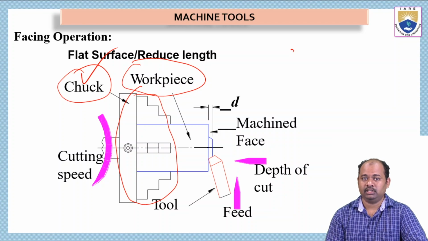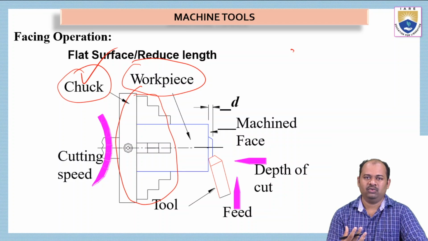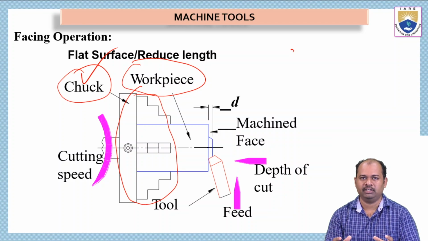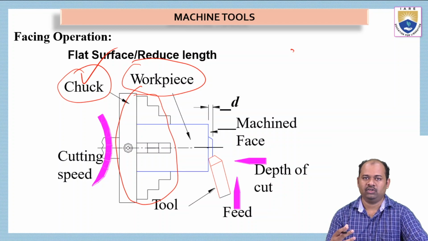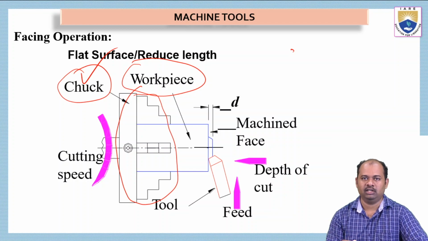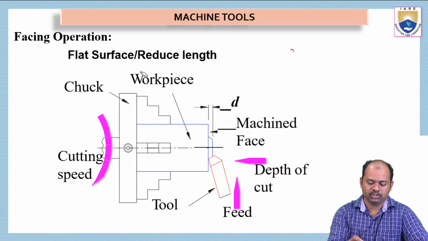The chuck is connected with the help of the spindle to the headstock. We all know that the headstock is a device that makes rotation possible. The headstock contains a lot of gears, motors and other parts which make the headstock, spindle and chuck rotate. In this lathe machine, the workpiece is rotating.